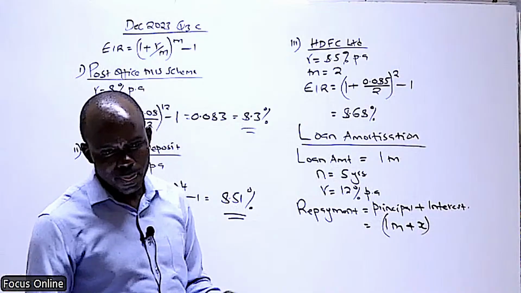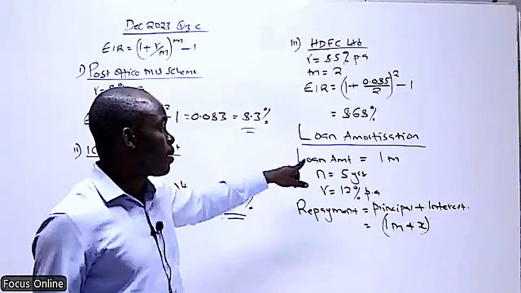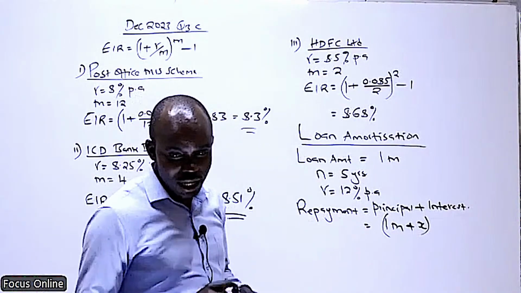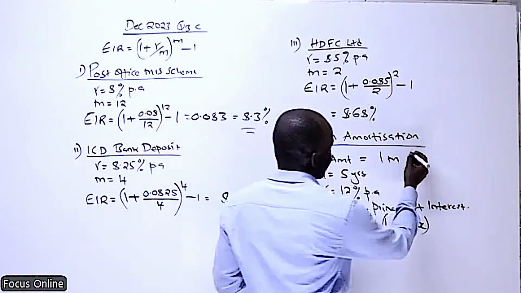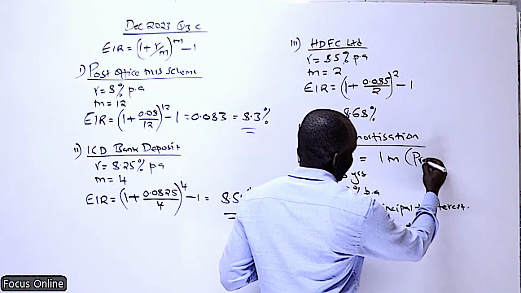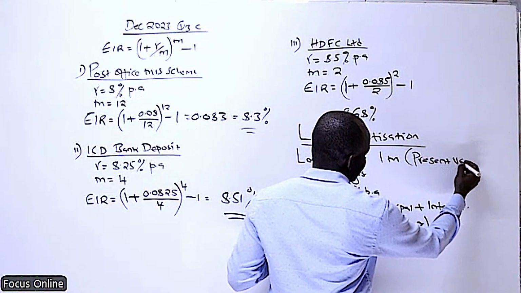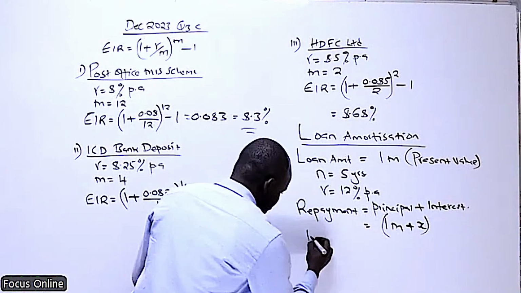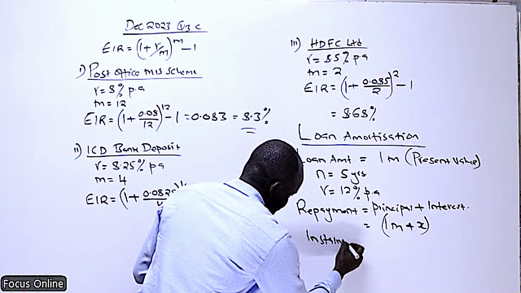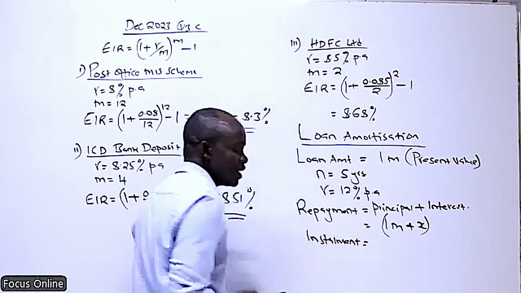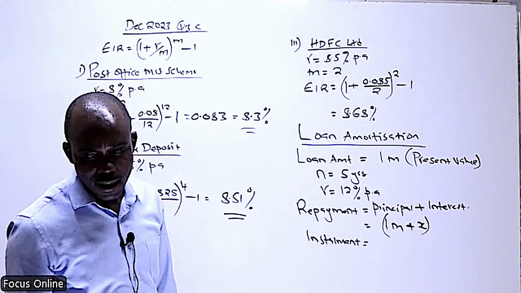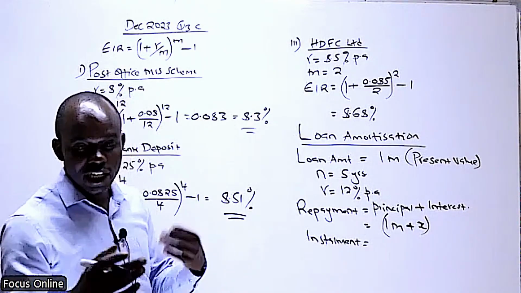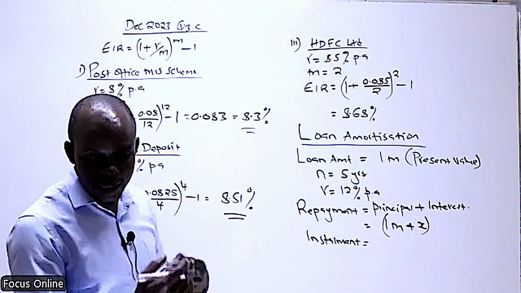Now, this one is very simple. The loan amount, because you're getting the loan today, is in present value terms. Then we have the installment. Remember, they are equal installments paid regularly. If it's monthly, monthly.